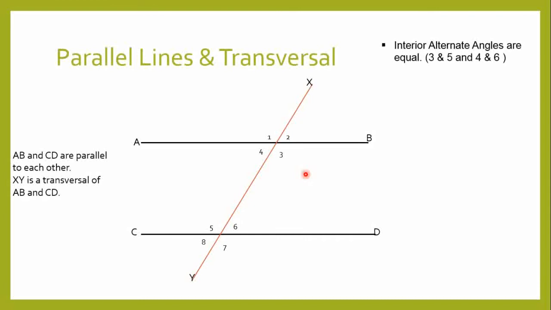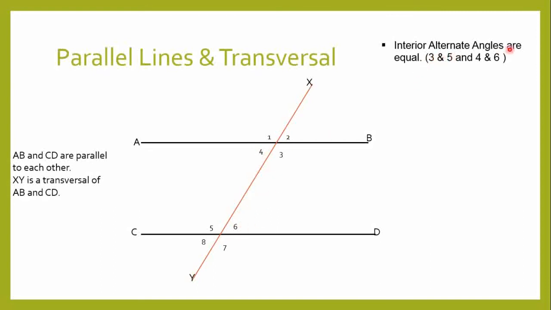The first angles we will discuss are interior alternate angles. So here the interior alternate angles are 3 and 5, and 4 and 6. Angle 3 and angle 5, and angle 4 and angle 6, these are interior alternate angles. Angle 3 and angle 5 are equal, and angle 4 and angle 6 are equal.